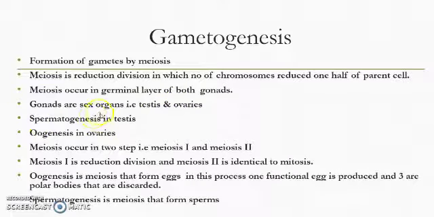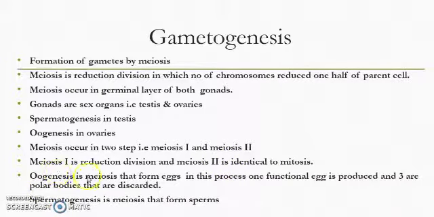Spermatogenesis is the meiosis that occurs in the testes. Oogenesis is the meiosis that occurs in ovaries. Meiosis occurs in two steps, meiosis 1 and meiosis 2. Meiosis 1 is a reduction division in which crossing over takes place and the pairing of homologous chromosomes occurs. In meiosis 2, there is no crossing over, there is no recombination, and it's just like a mitosis.